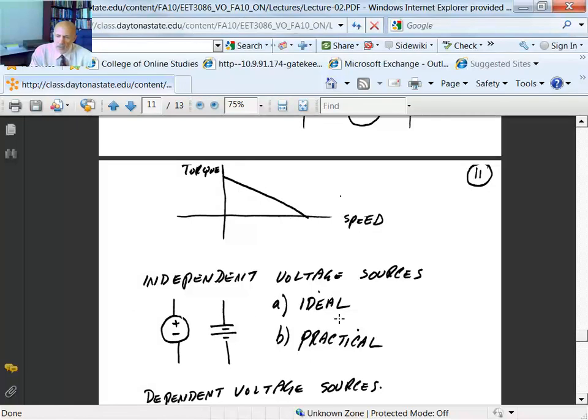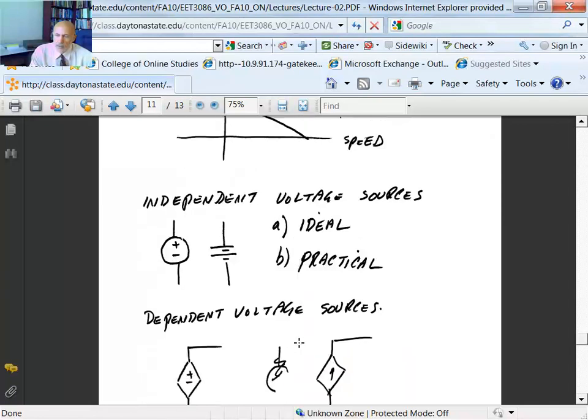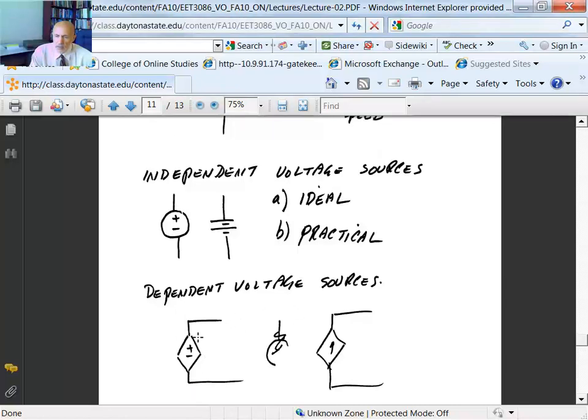Of course, nothing in nature is really ideal, so we'll always look at practical voltage sources. We also have what are called dependent voltage sources. Again, we're not going to discuss those in this course, only in the amplifiers and transistors. We model them with dependent voltage sources, and they use a diamond shape to distinguish between independent and dependent types of source. So you can have either a voltage source or a current source.